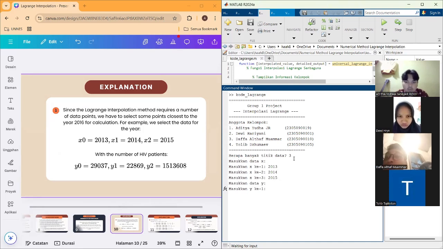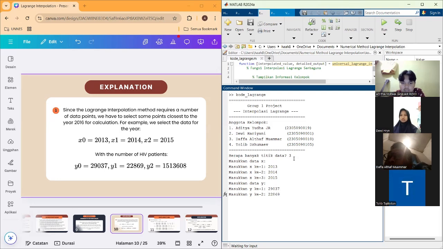The Y1 is 2,937. Second is 22,869, and the Y3 is 1,513,608.